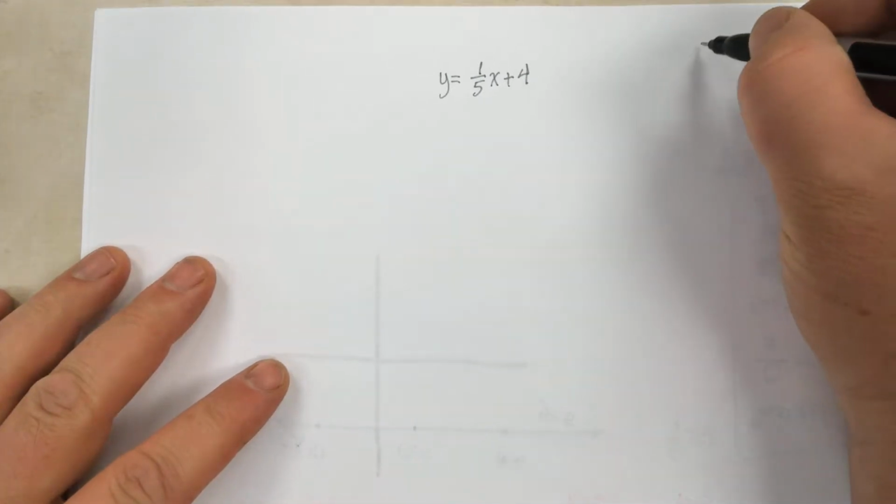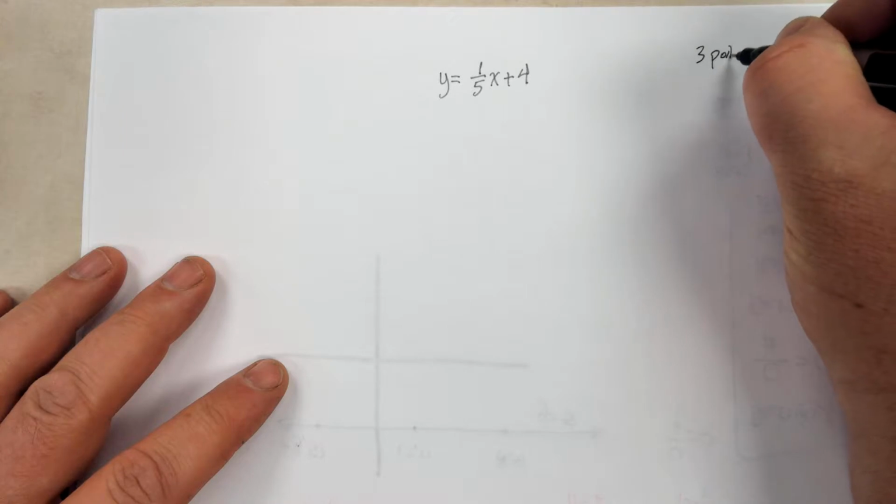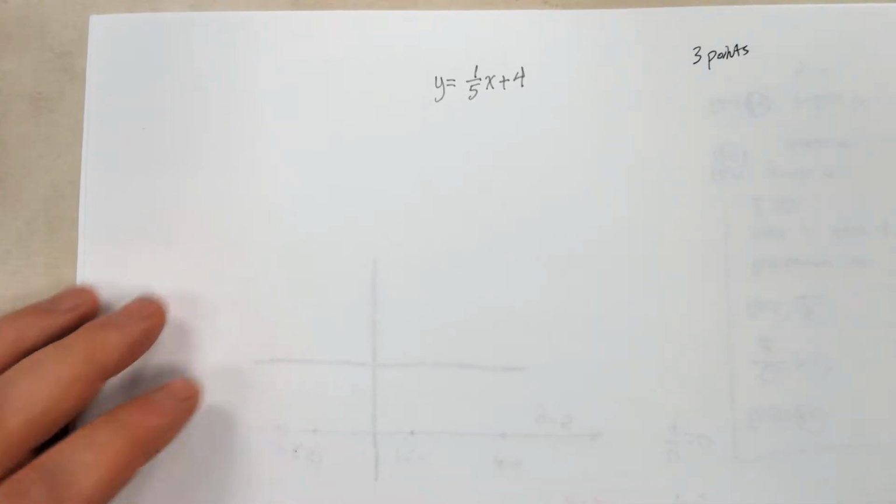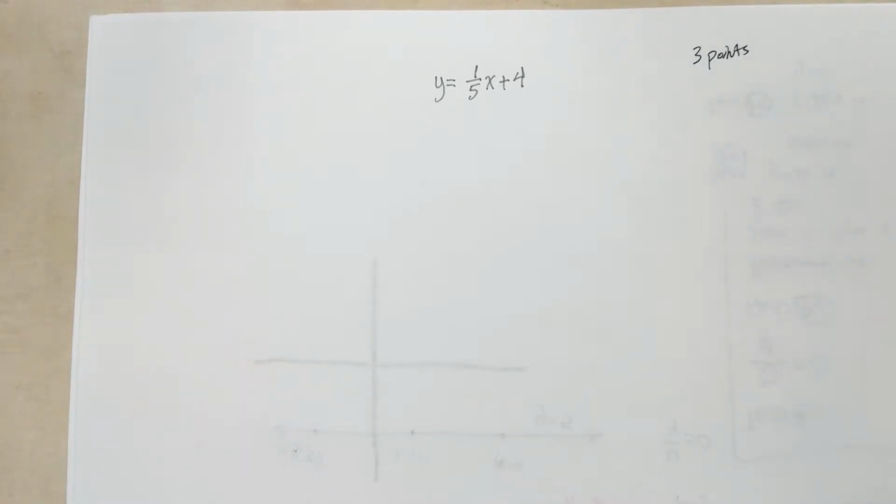To make the picture, you need at least 3 answers, 3 points. You really only need 2, but you don't know if you're right. If you have 3 and they all line up, you're good. With 2, one could be wrong, they could both be wrong, but your chances of getting 3 wrong and still having them line up, probably not gonna happen.